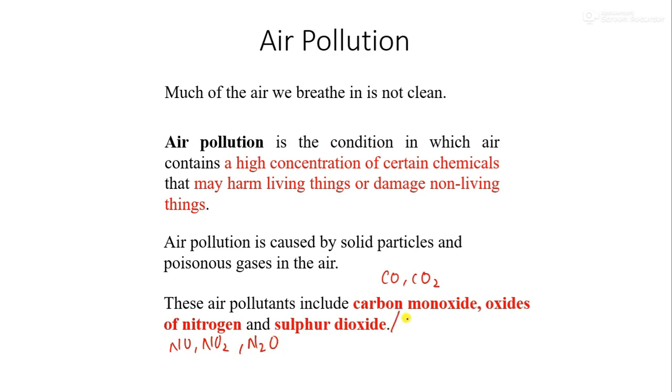And sulfur dioxide with sulfur trioxide. These oxides are pollutants and can harm living things and non-living things as well. There are some other toxic gases which also harm living and non-living things that you will learn later on.